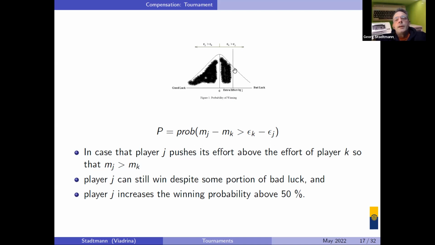So here maybe it will be about 75% winning probability for player J because he exerts a higher effort level than player K. But in two slides, as I mentioned already, we will rule out that MJ will be larger than MK, because the two athletes will be modeled symmetrically.